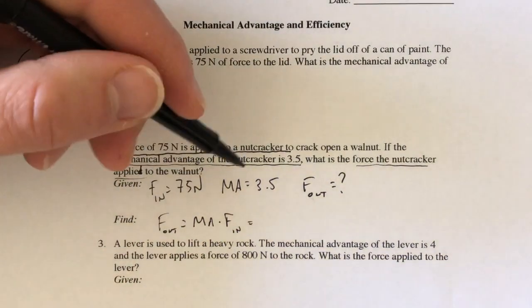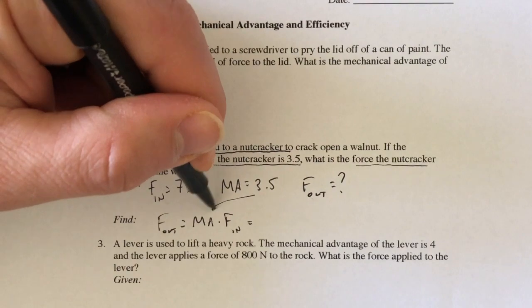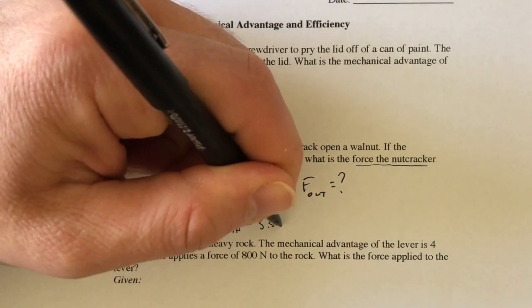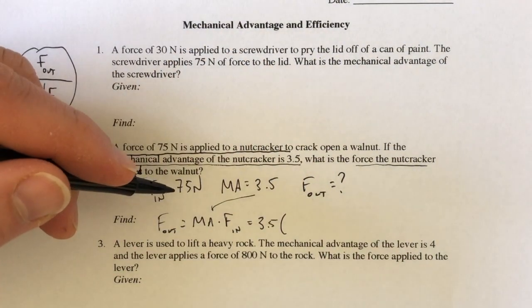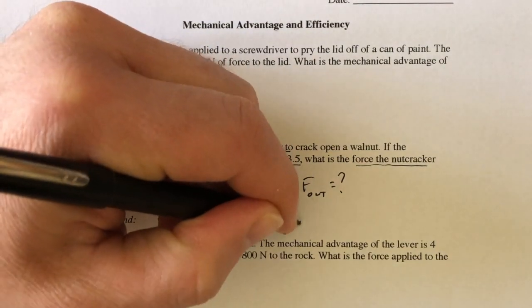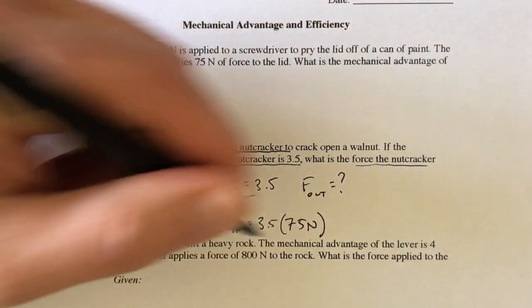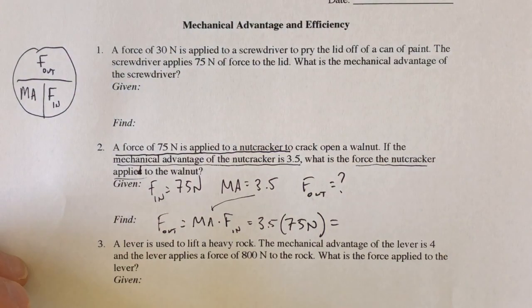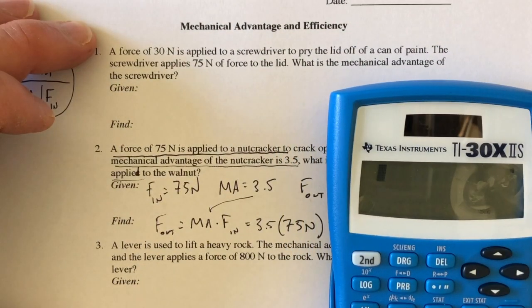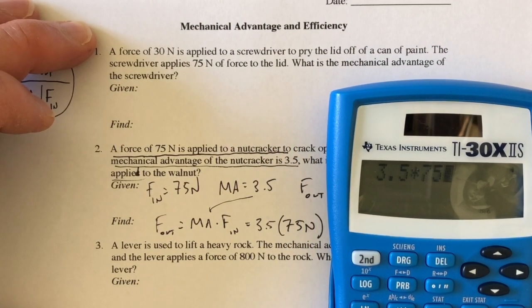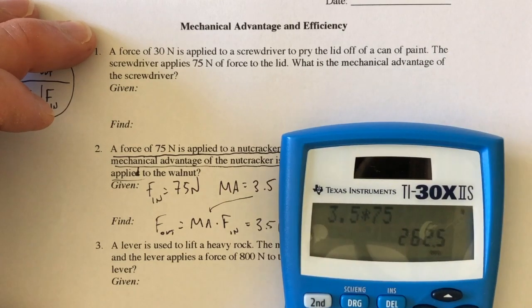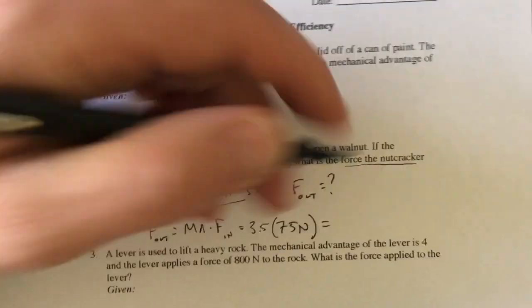And now I can just substitute my numbers in. 3.5 will go in right here, and 75 newtons will go right here. And then I multiply those two numbers together, and I go 3.5 times 75 equals 262.5.